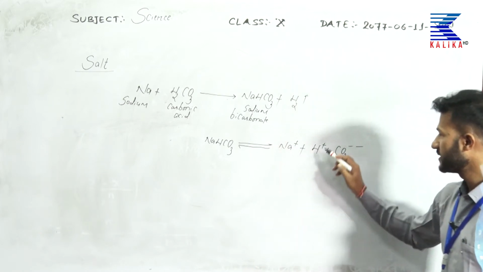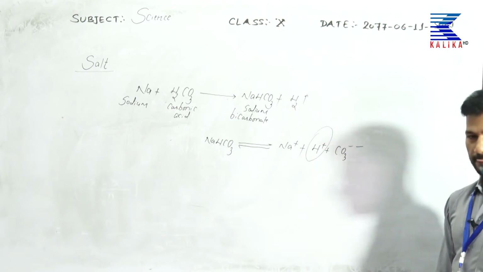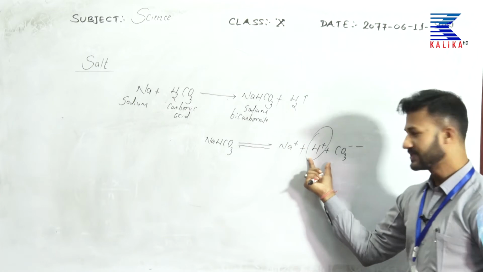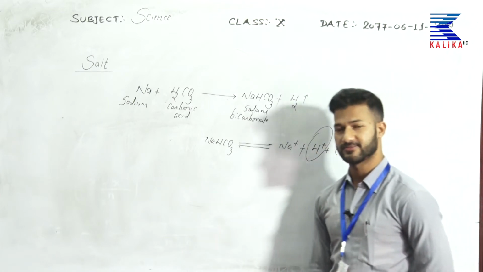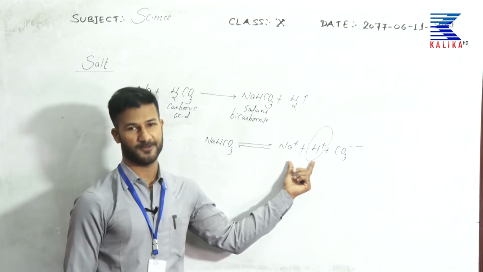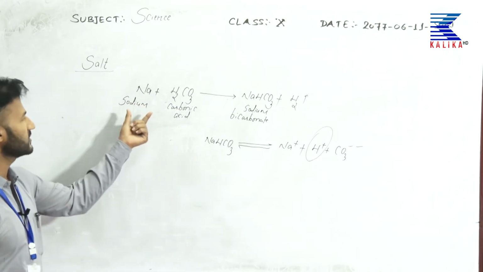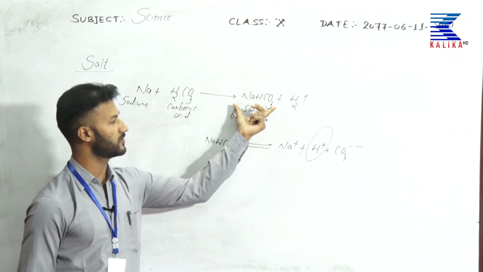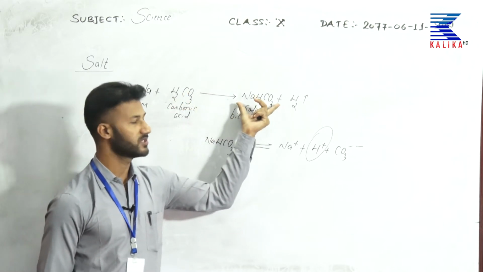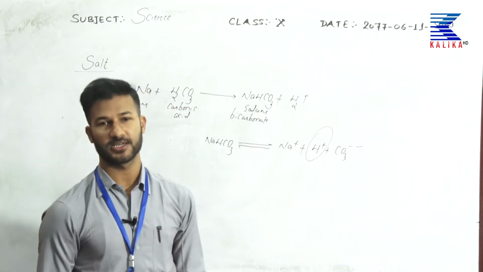You can see here, like an acid, this salt has also released hydrogen ion in aqueous solution. Means what? It is acidic property. So whenever some salt is formed by the partial replacement of hydrogen, then we must consider that salt to show some acidic properties still.